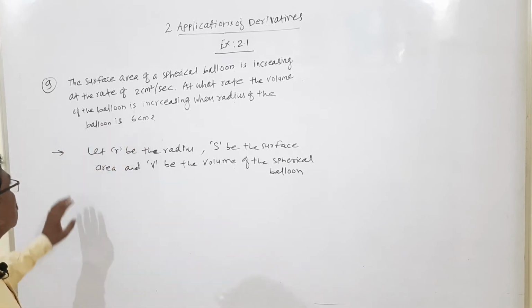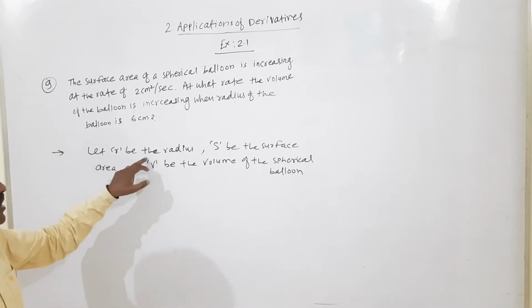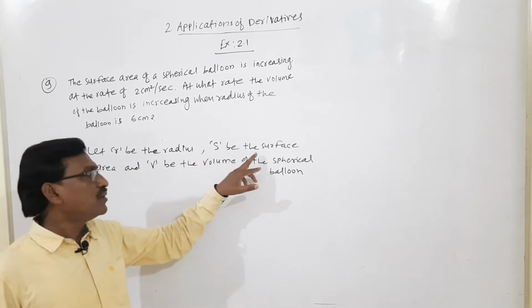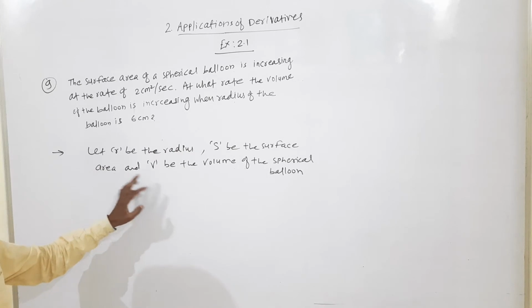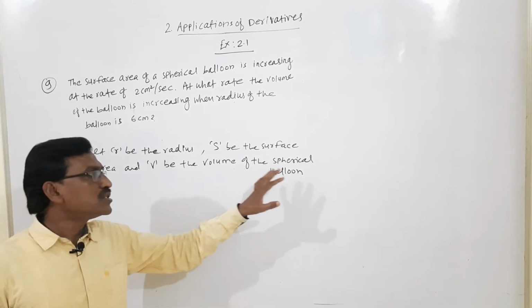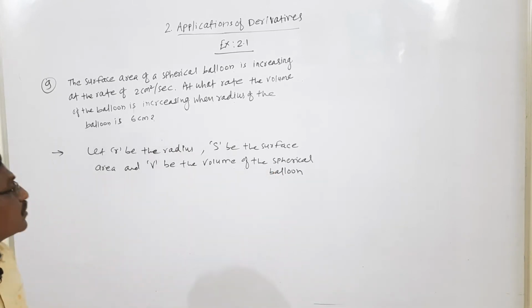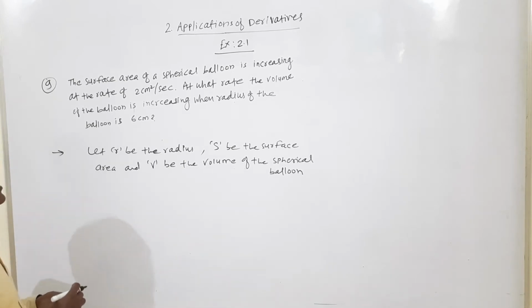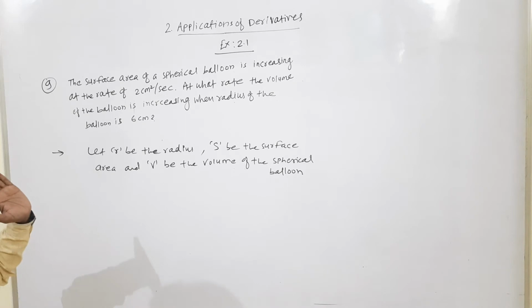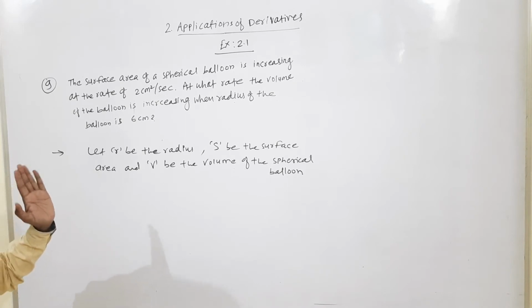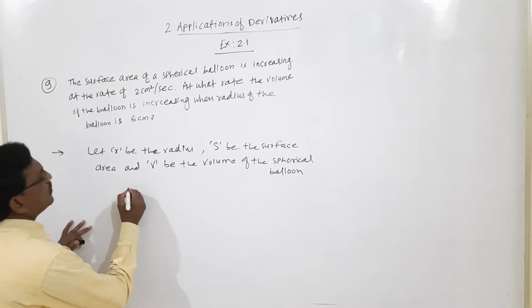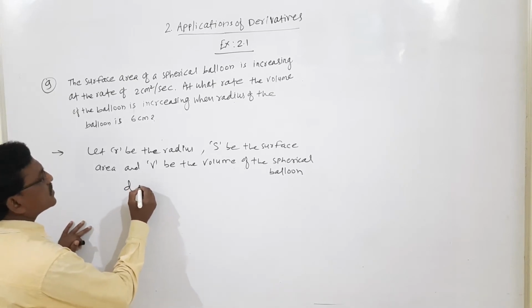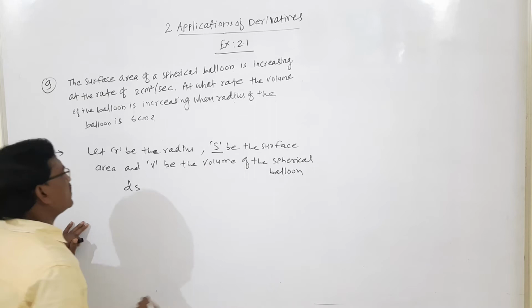centimeter. So let r be the radius, S be the surface area, and V be the volume of the spherical balloon. We are given the rate of surface area of the spherical balloon, that means dS by dt, because S is the surface area.